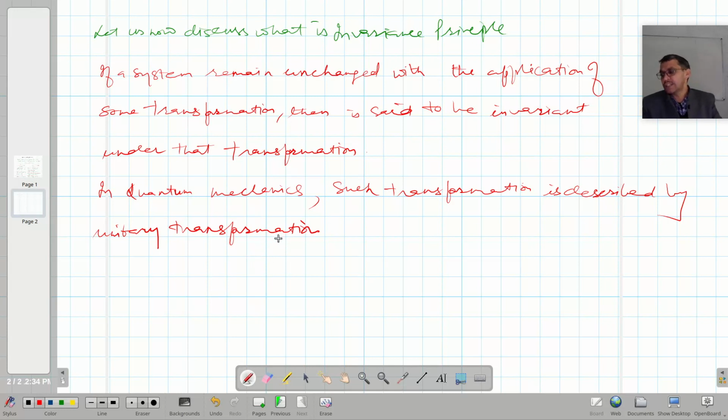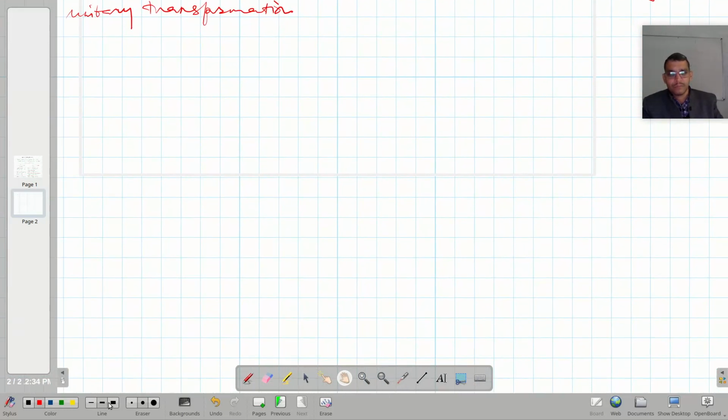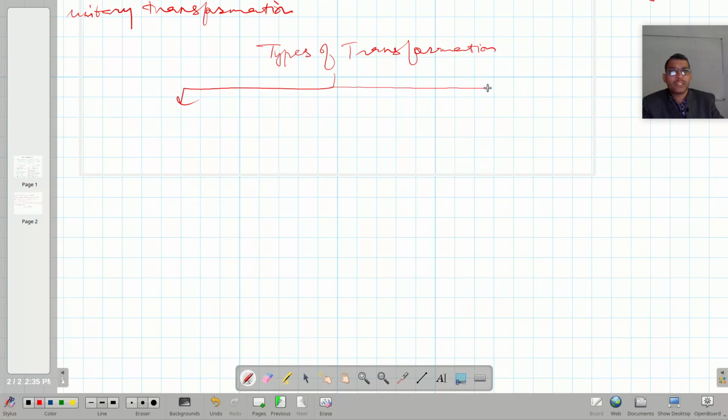So let us now talk about the types of transformation. First is the continuous transformation and another one is the discrete transformation.